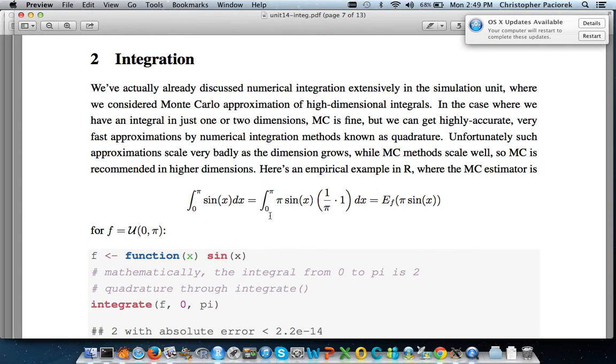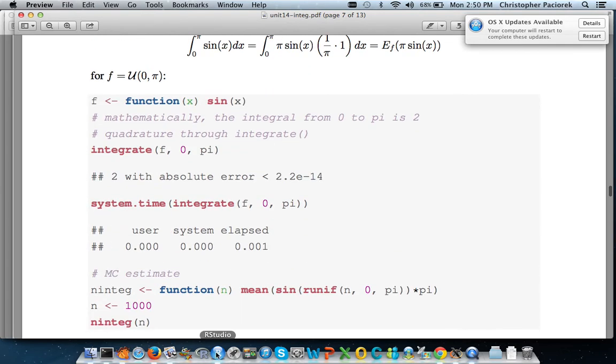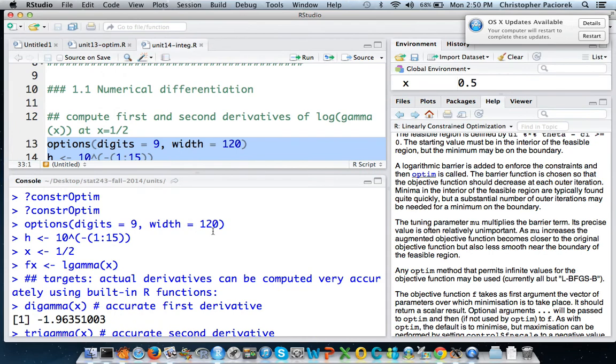So I'm going to multiply and divide by pi, because that's the value of the uniform density on an interval from 0 to pi. And now I've got this in the form where I'm going to take the expected value of this function with respect to x being drawn from the density f, which is this uniform density. Okay, so I can go ahead and do that.